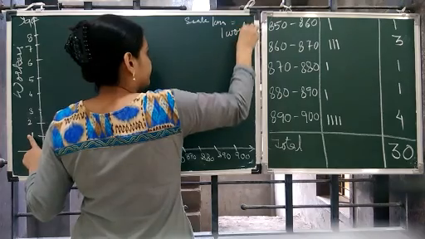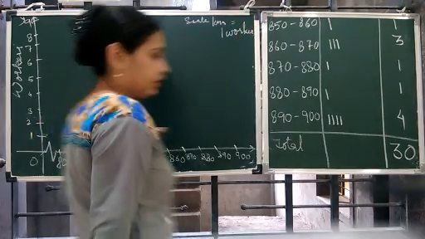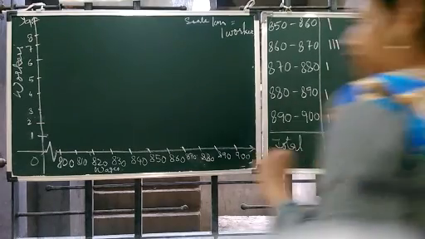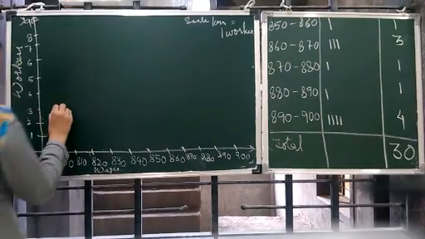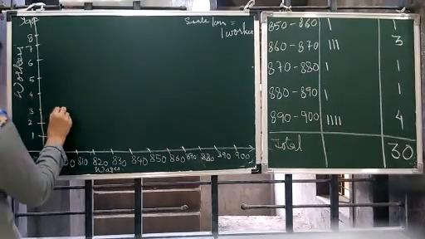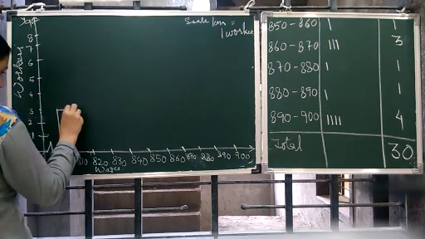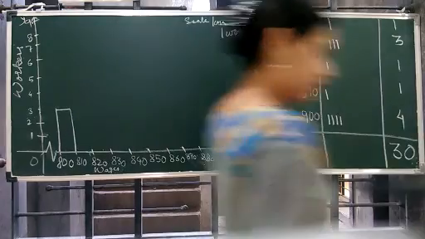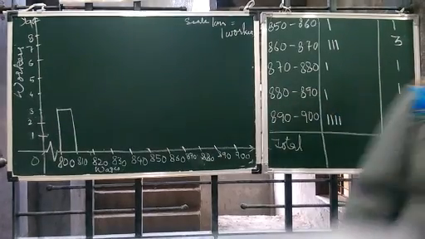1 worker. So the first one, 800 to 810 is 3. Second one was 2, then 1.